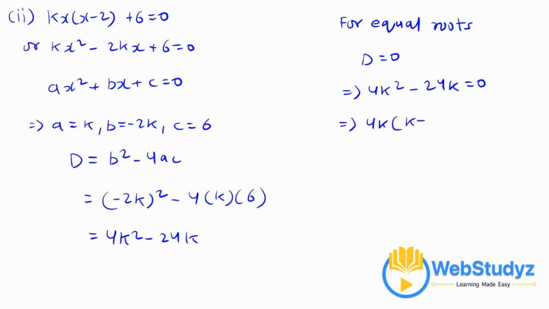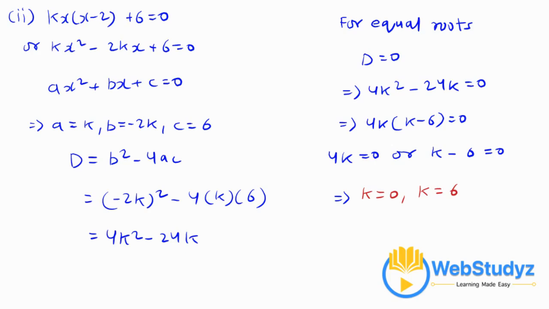Inside we get k minus 6 should be equals to 0. That means either 4k equals to 0 or k minus 6 should be equals to 0. That means we get two values of k, which are k equals to 0 or k equals to 6.